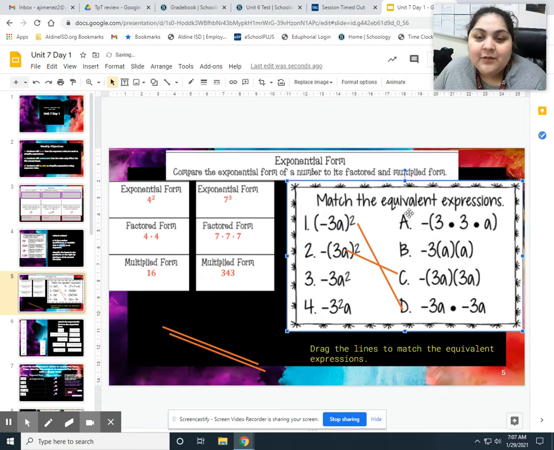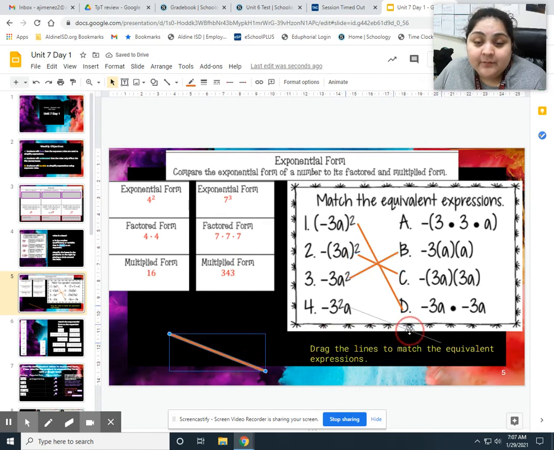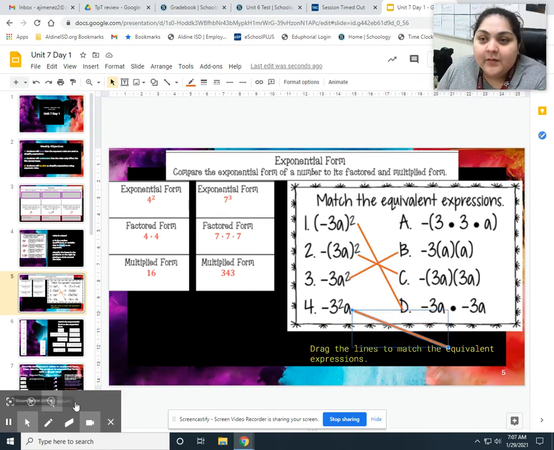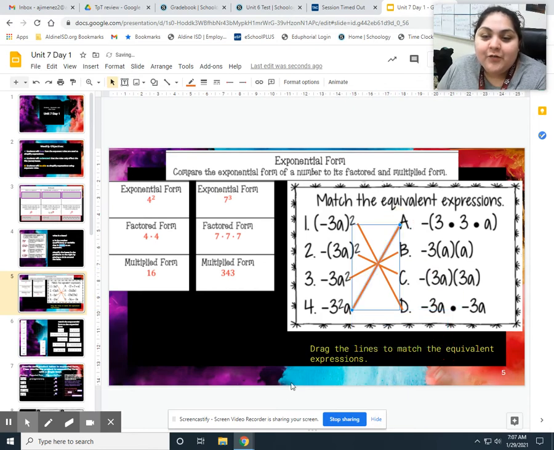All right, then -3a squared, only the a should show up twice. And then this one, only the 3 should show up twice. And then this one right here, only the 3 shows up.